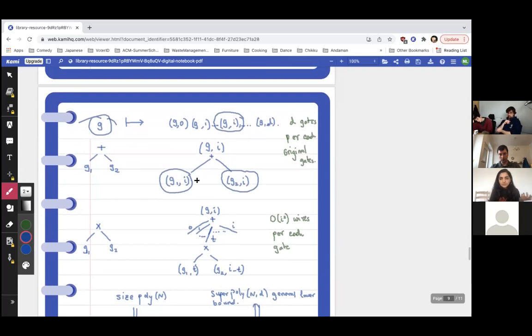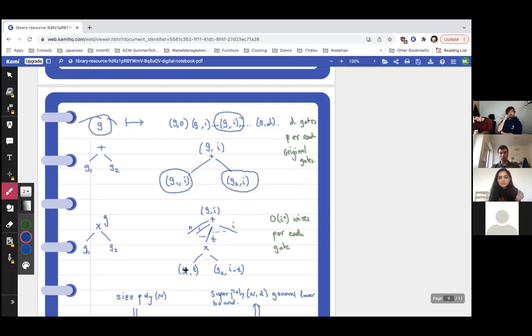How about multiplication? If I have G1 and G2 and they multiply to give G, then to compute the degree i component of G, I basically have to look at all possible ways of getting degree i from G1 and G2.